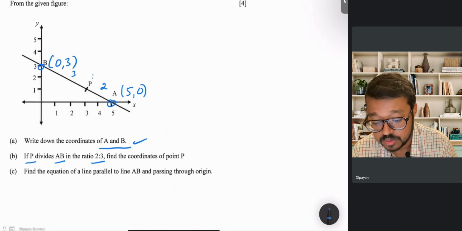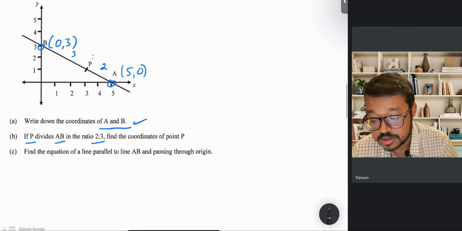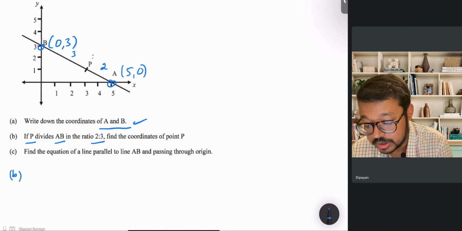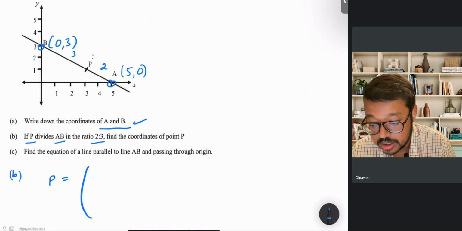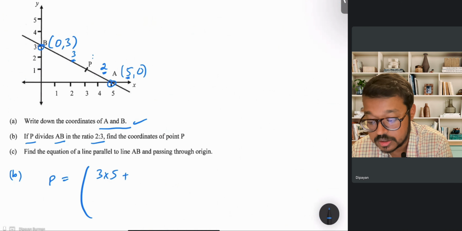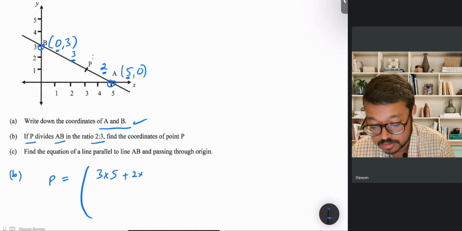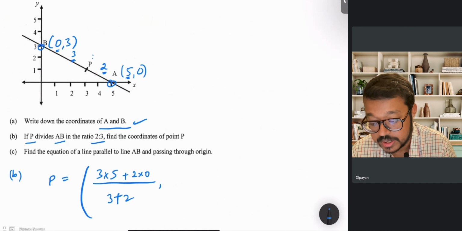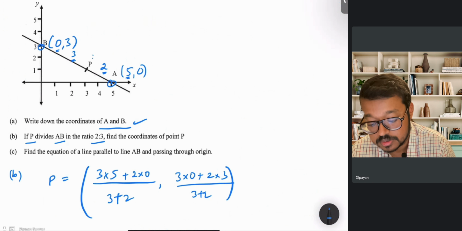I need to find the coordinates of point P. So according to the section formula, point P coordinate will be, looking at the x coordinates, 3 into 5 plus 2 into 0 divided by 3 plus 2, and the y coordinates are 3 into 0 plus 2 into 3 by 3 plus 2.